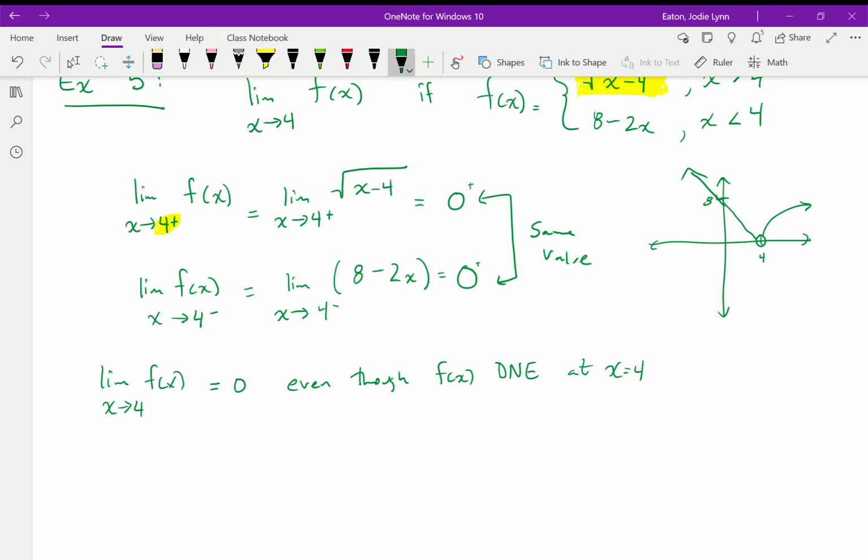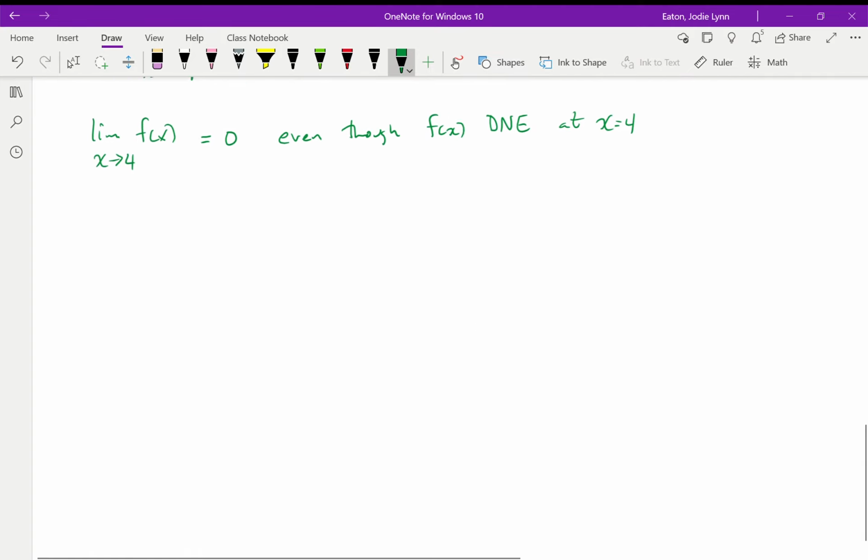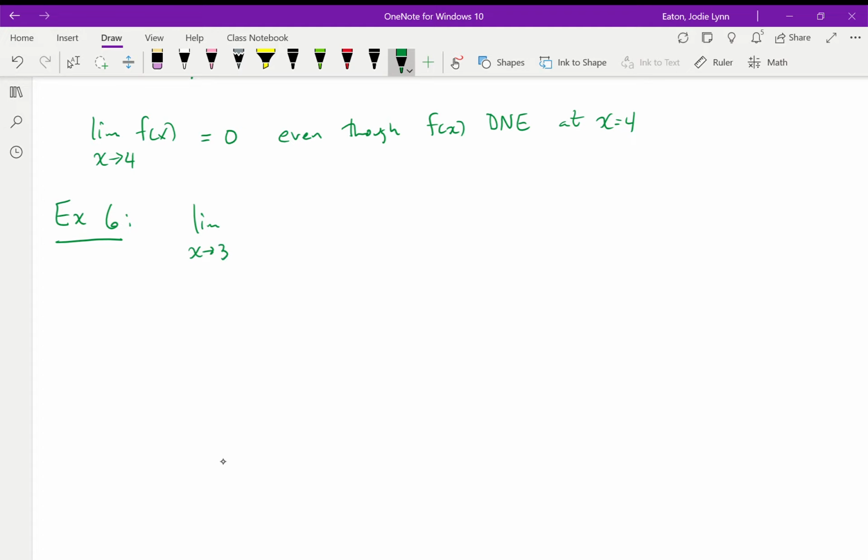Okay, so let's look at another rational function. And we had said that if we want to look at rational functions, we're going to try simplifying by factoring. So let's find the limit as x approaches 3 of x squared minus x minus 6 over x squared minus 3x.